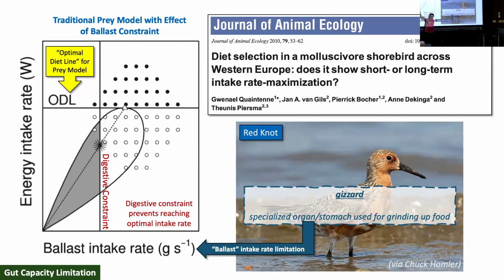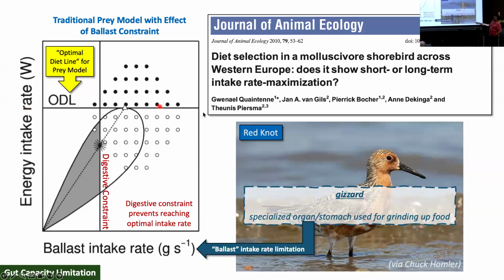I'm not going to ask you to do one of these analyses. But the point here is they created this modeling format that puts profitability on one axis and intake rate on the other axis. And if you assume that there's no digestive constraint, then it degenerates into optimal foraging theory.